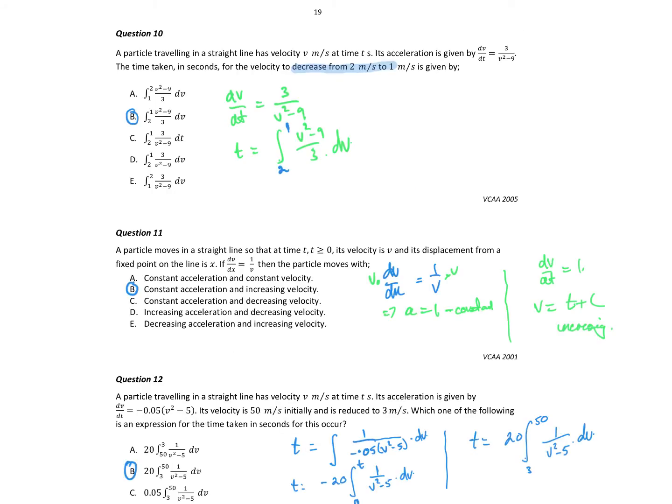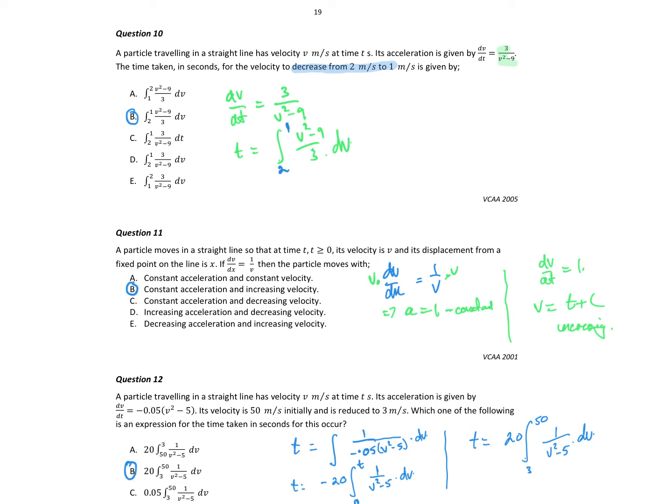Okay, this one here, the key is to note that, what have we got? A particle travelling, so there's my particle, dv/dt. The time taken for it to decrease. So I want t, don't I?